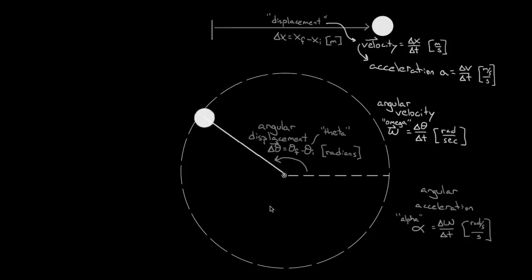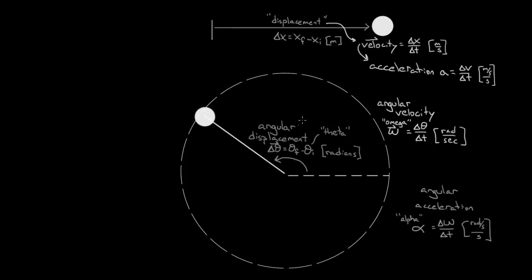And just like any acceleration, this angular acceleration can increase the angular velocity and speed something up, or it can slow the object down and decrease the angular velocity. But if the angular velocity is remaining constant, in other words, it's rotating in a circle at a constant rate, then the angular acceleration is 0, and that means alpha equals 0.